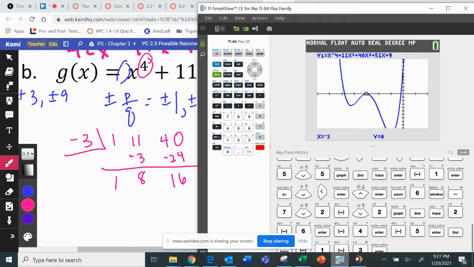So what you have to think about now is multiplicity. We see that at -3, this graph goes up and it bounces at -3. It does not go through the graph, it bounces. It's got that quadratic kind of look to it. So I'm thinking that this is probably -3 again.